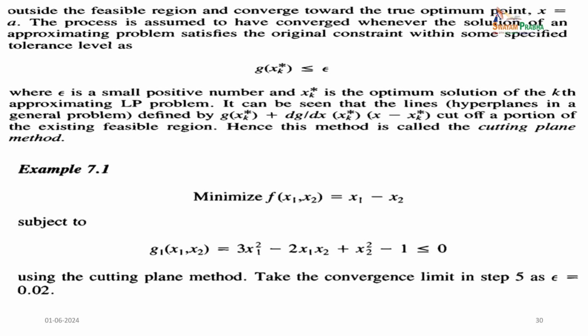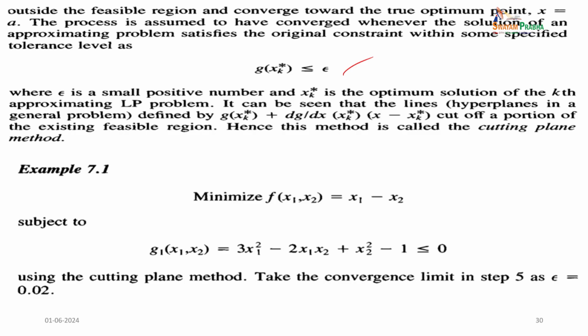The iterations start outside the feasible region and converge towards the true optimum point x equal to a. The process is assumed to have converged whenever the solution of an approximate problem satisfies the original constraint within some specified tolerance level, g(x_k star) less than or equal to epsilon, where epsilon is a small positive number and x_k star is the optimum solution of the kth approximating LP problem.